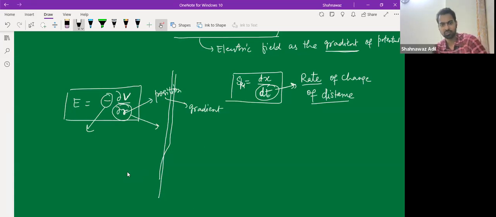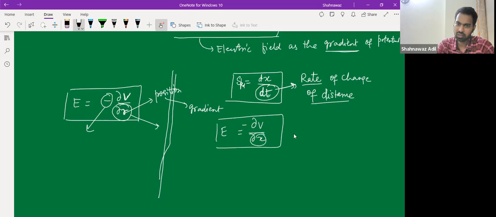Is that understood? So if I write minus of dV by dx, this is called the gradient. Is that clear, guys?